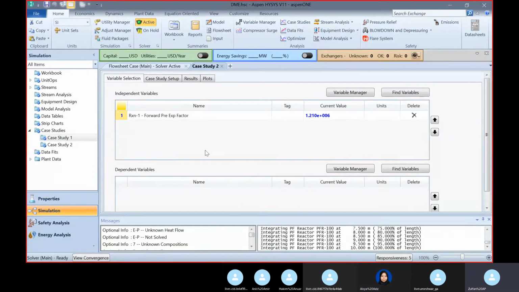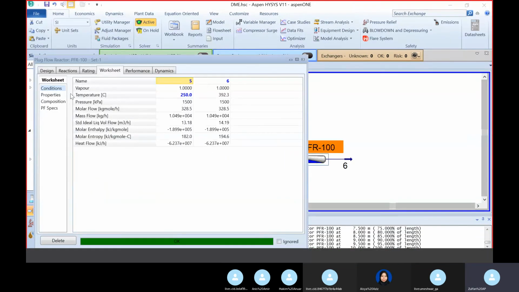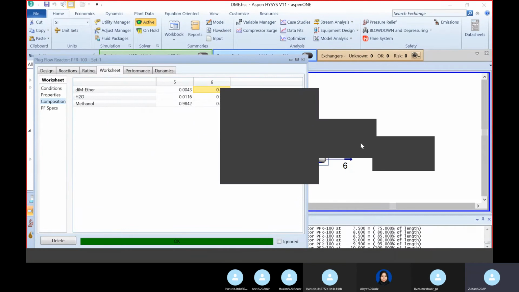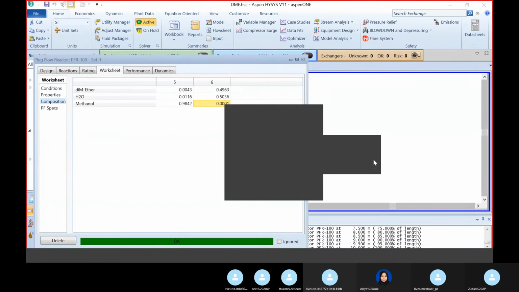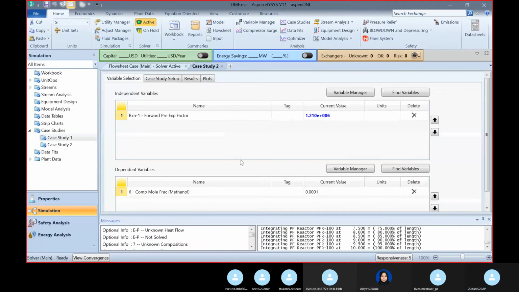This is case study 2, right? Exactly. And then you just take methanol, because we are only interested in methanol. Very good. You learn very quickly.